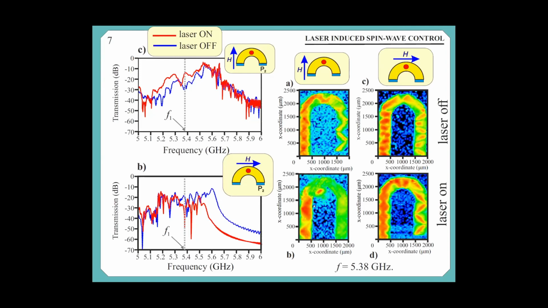We control propagation of spin waves. In case of backward volume magnetostatic spin waves, we turn off spin wave propagation. In case of surface magnetostatic spin waves, we amplify the spin wave intensity.